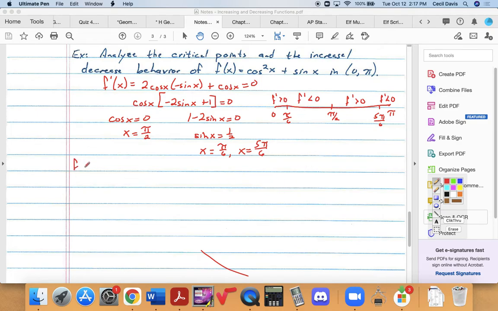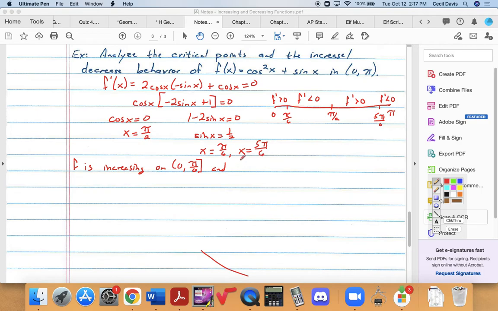So f is increasing on the interval from 0 to pi over 6. We don't include 0 because it wasn't part of our original interval.